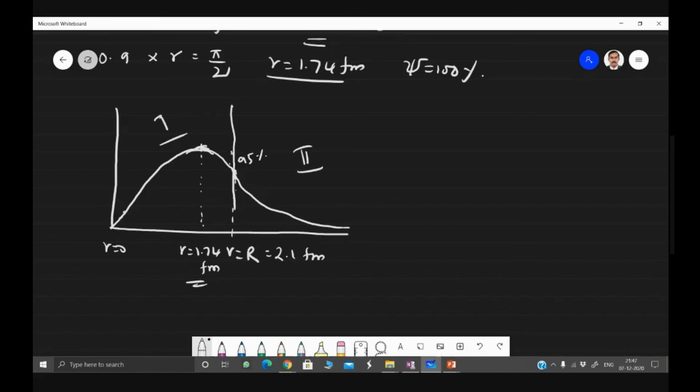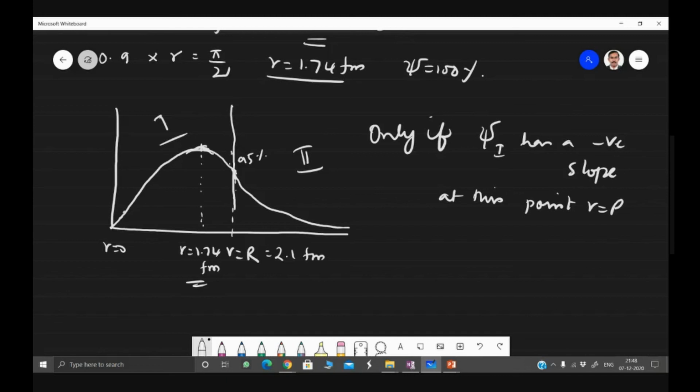The internal function is sinusoidal, while the external function is a decreasing exponential. They can smoothly join at the boundary r equal to capital R only if psi 1 has a negative slope at this point.